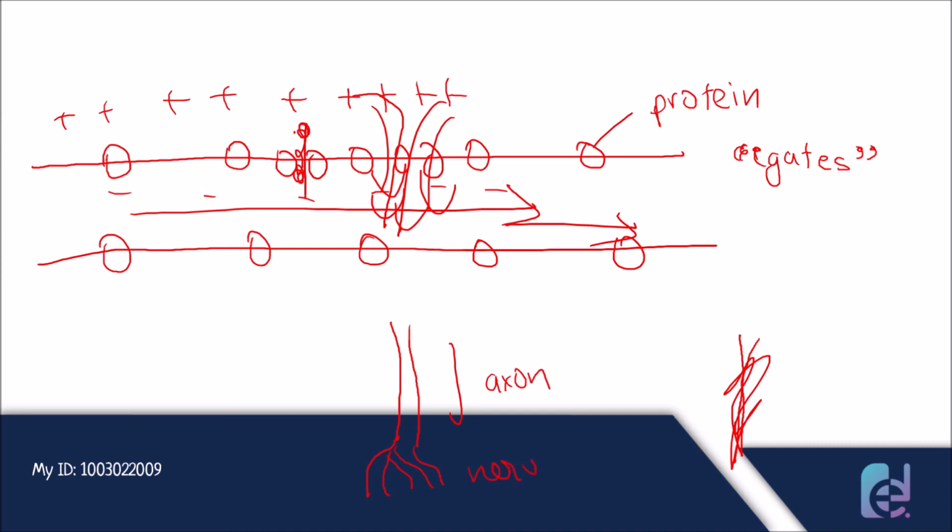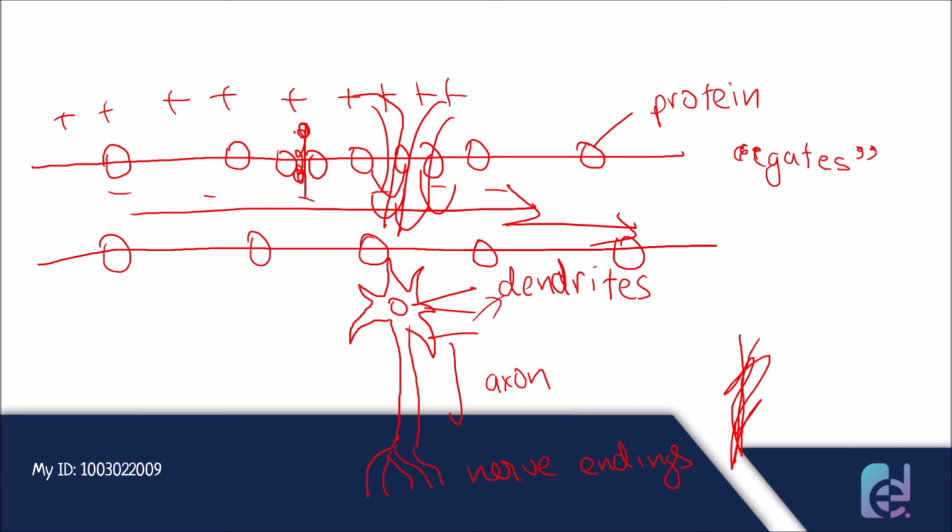These are the nerve endings, and on the top we have the cell body, and these finger-like projections poking outside are known as dendrites.